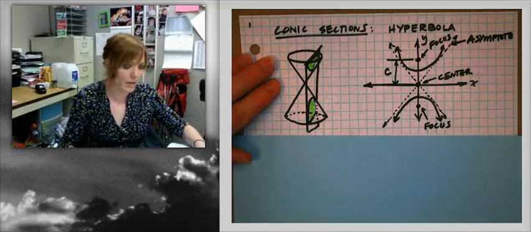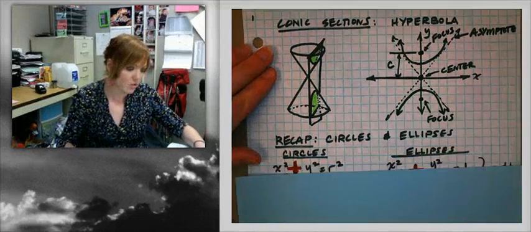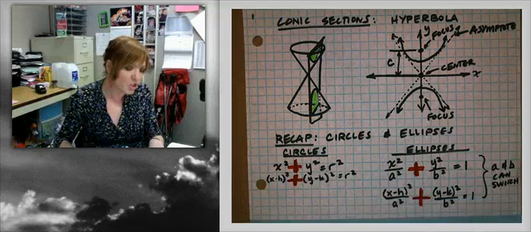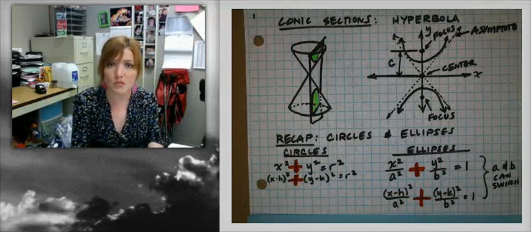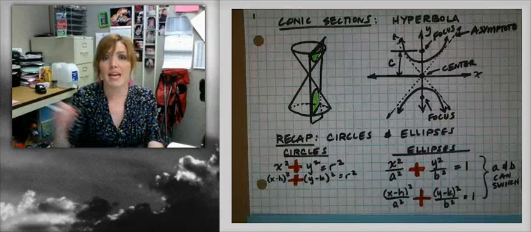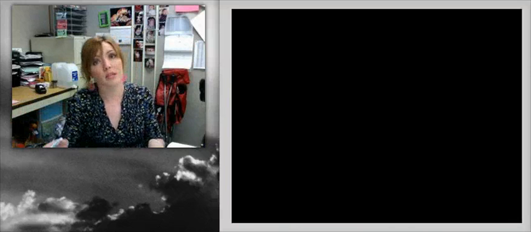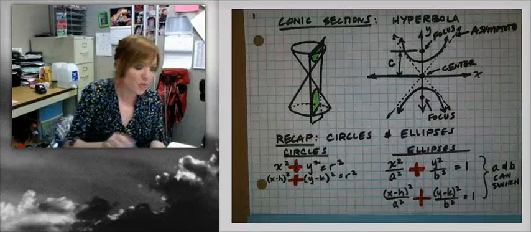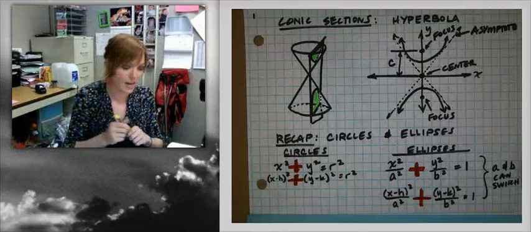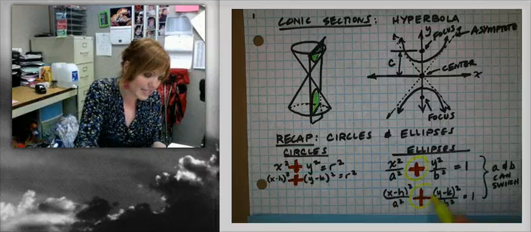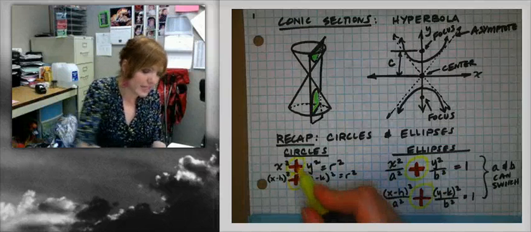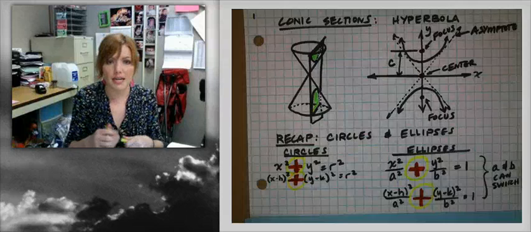So now, again, I want to do a short recap of circles and ellipses, because you're going to see that there is only one small difference between the equations for circles, ellipses, and hyperbolas. More specifically, ellipses and hyperbolas. So the big thing that I have in red here that I really want you to clue into is that with circles and ellipses, they are added together, okay?